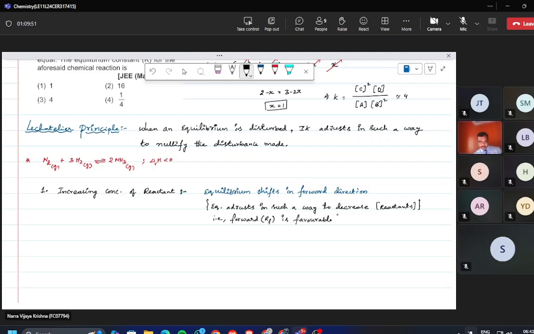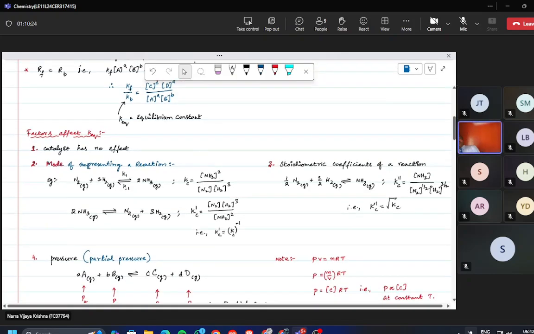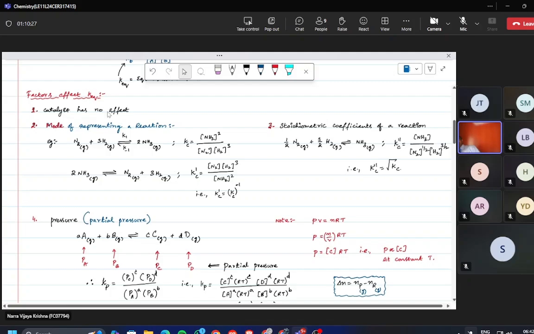Right? Now, what happens to K equilibrium value on increasing concentration of reactant? It remains same, sir. What are the factors affecting equilibrium constant? What I told you? Temperature. We discussed yesterday. Catalyst has no effect.